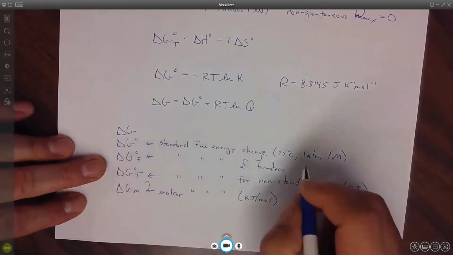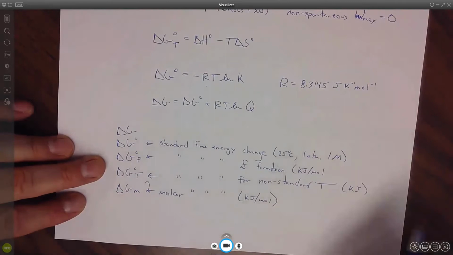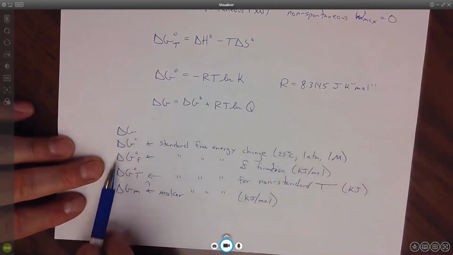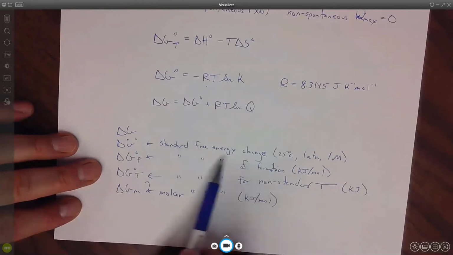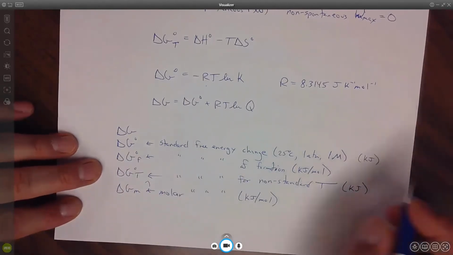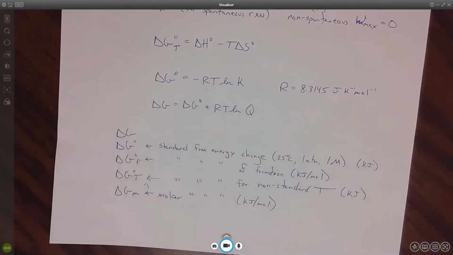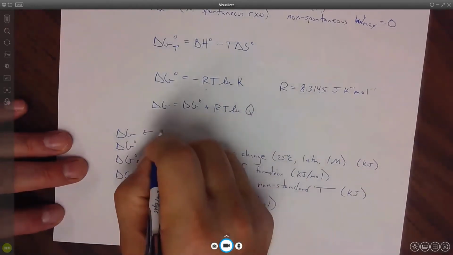The entropies of formation are given in kilojoules per mole in the table, but anytime these values are part of a balanced thermochemical equation, their units are only ever going to be kilojoules. And then we have the standard free energy change again, which is just going to be in kilojoules. And again, sometimes these things can be in kilojoules or kilojoules per mole, and it really depends on how you're using them.